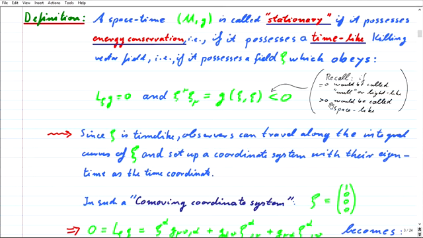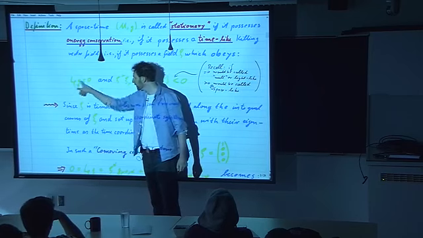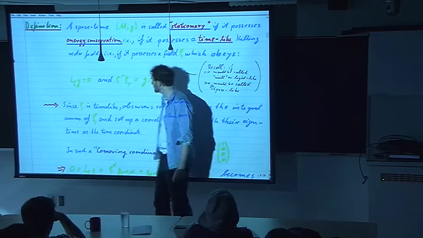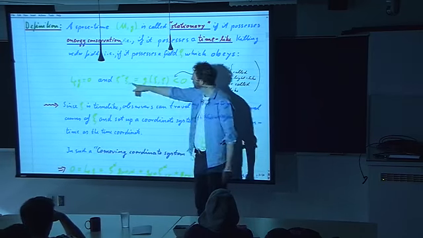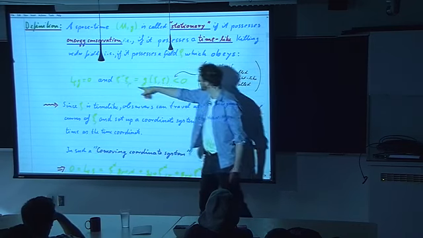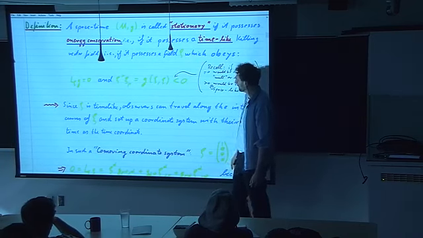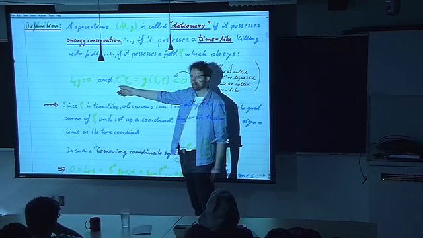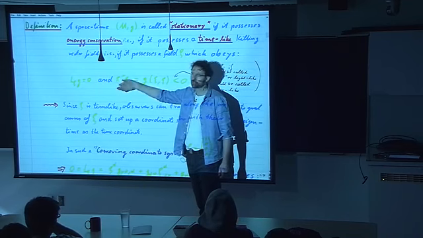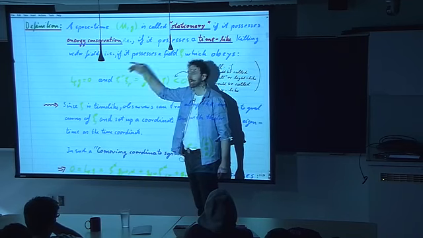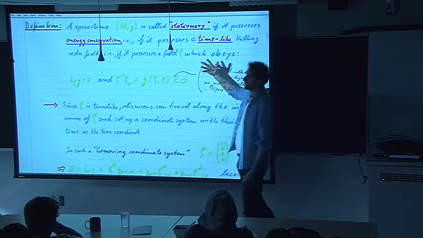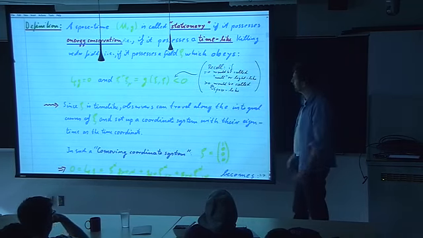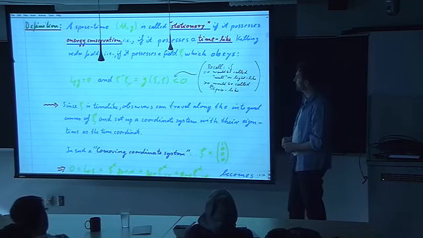So we call a spacetime stationary if there exists a Killing vector field psi which obeys the Killing condition, and where the Killing vector field is of negative length, which is to say it's time-like. Which is to say that there's always a coordinate system in which this is a vector which has only a zero component and no space component.